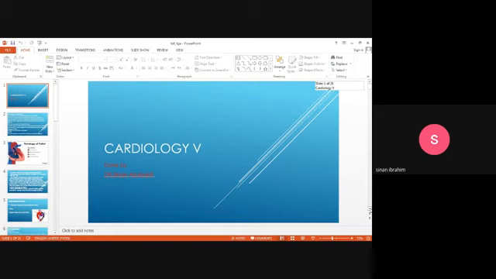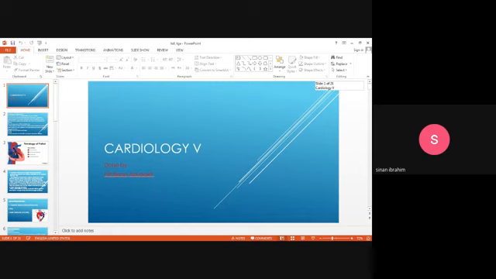As you see, these congenital cyanotic heart diseases all start with the letter T, so you can remember it.